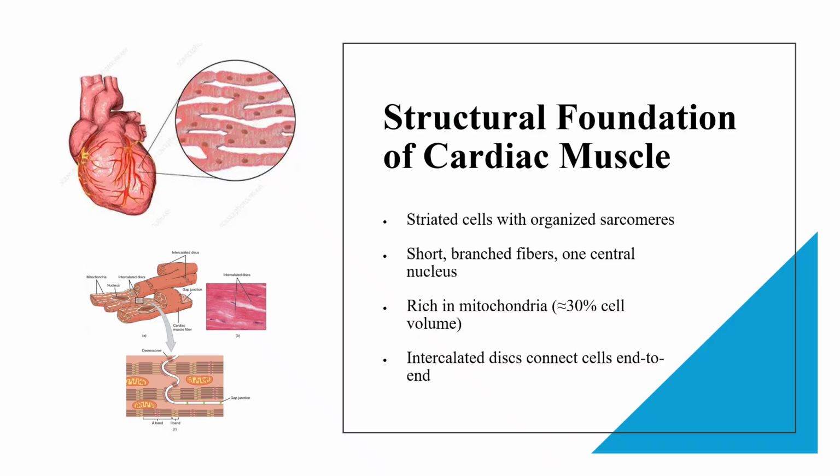But unlike the long cylindrical fibers of skeletal muscle, cardiac fibers are short, branched, and interconnected, each containing a single central nucleus. This branching pattern allows neighboring cells to form a strong three-dimensional network, giving the myocardium both strength and flexibility during each contraction.